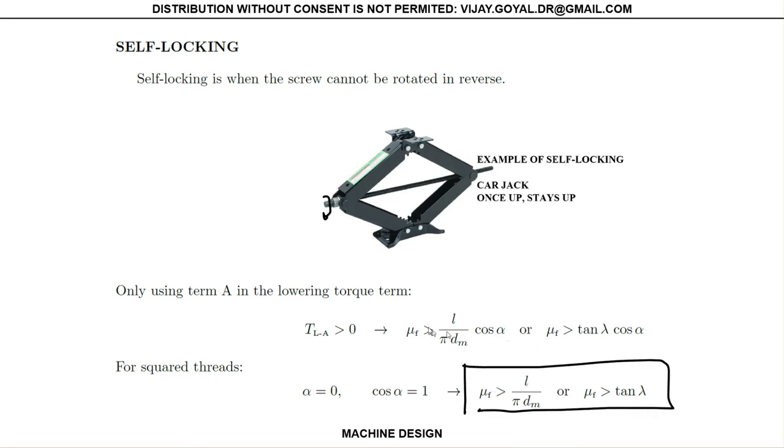Depending on what information you have available, you use either this or lambda. And the torque to lower has to be positive, which means it will lock itself.